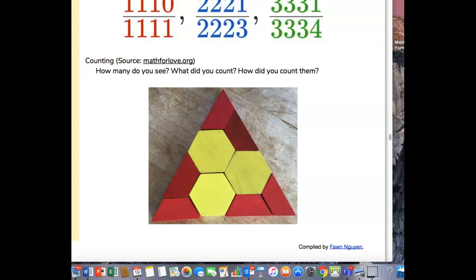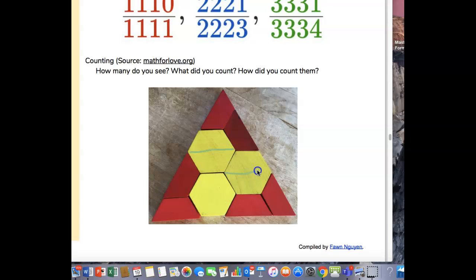All right, so on this one, it says, how many do you see? What did you count? How did you count them? Okay, so this and this are the same, aren't they? If we draw a line here, we have 2 more of those, don't we?